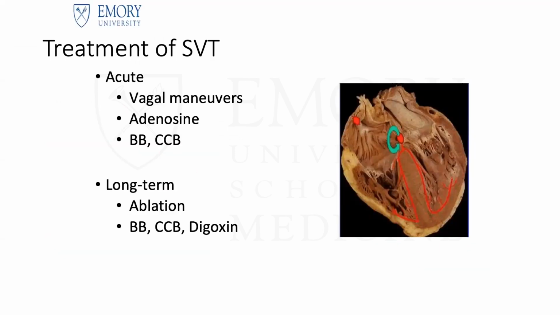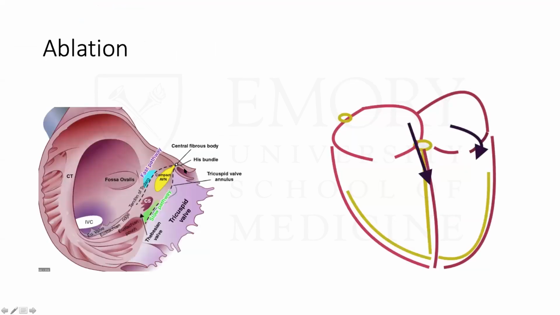When we do ablate, so for AVNRT, and I touched on this before, we are ablating the slow pathway. Historically, when they first started, they ablated the fast pathway, and that led to a lot more AV block. So we target the slow pathway, and that is generally an anatomic target in the lab, so we know where we're going.